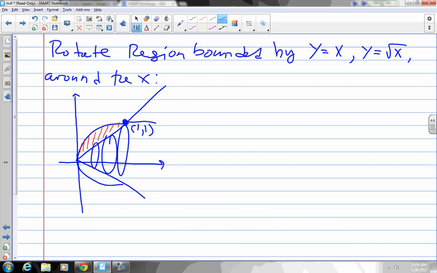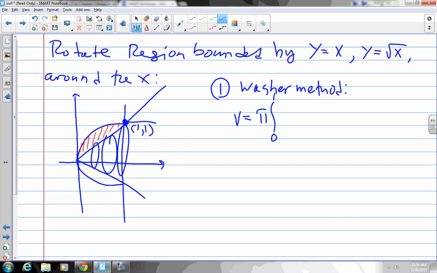Let's do the washer method first. So that's when we slice it along the axis of revolution. So then the volume is pi integral, and the x will range from 0 to 1.